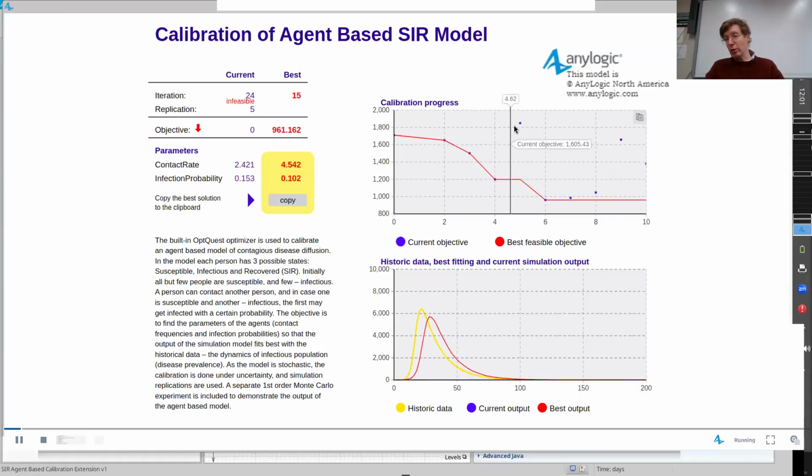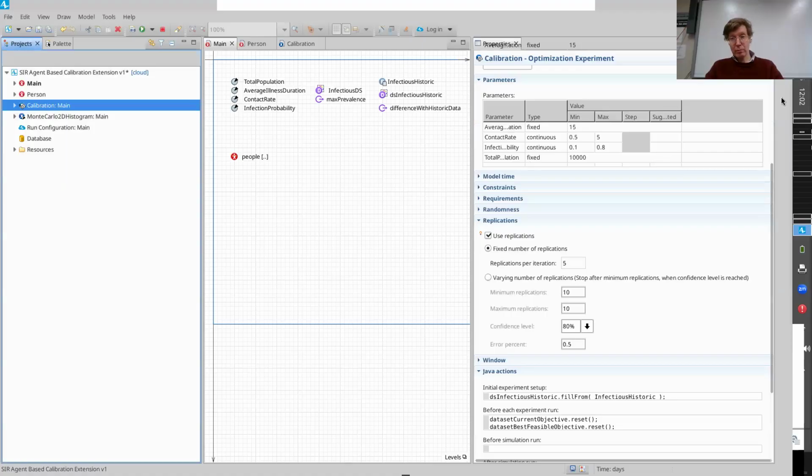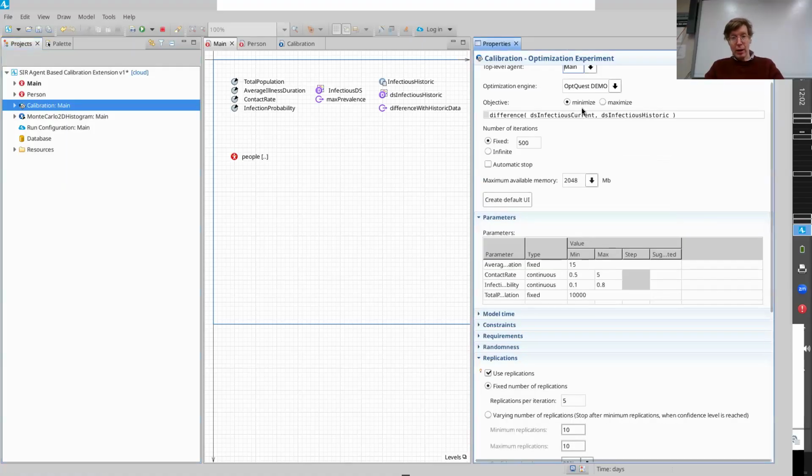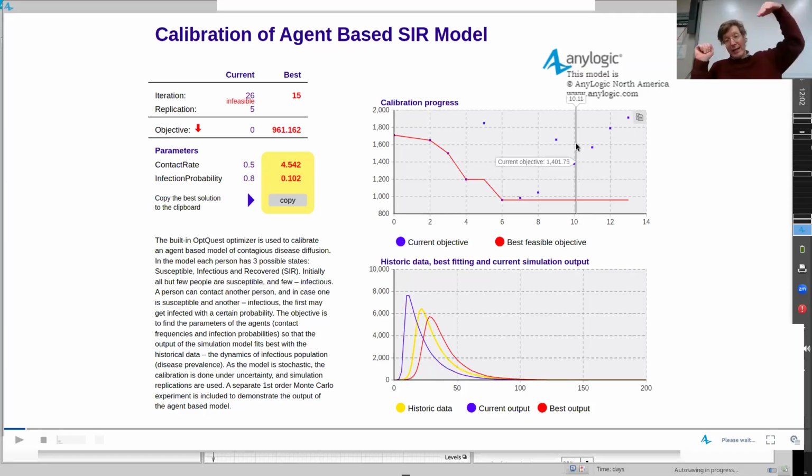But importantly, even though it's making progress in the best one found thus far, you'll notice that there are some attempts for parameter values whose average objective function is not as good as ones we've already seen. And it's not going to go that direction. It's not going to embrace those as a good guide. It's going to say, whoa, that doesn't look as good. It's trying to get down a hill.